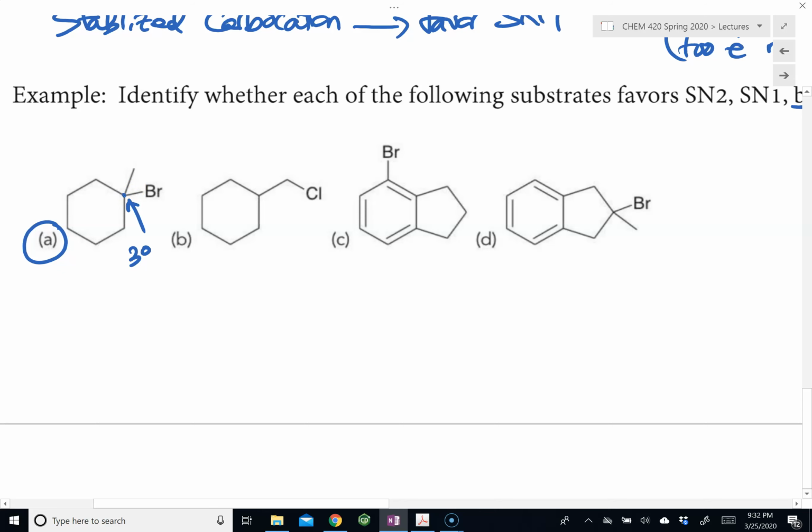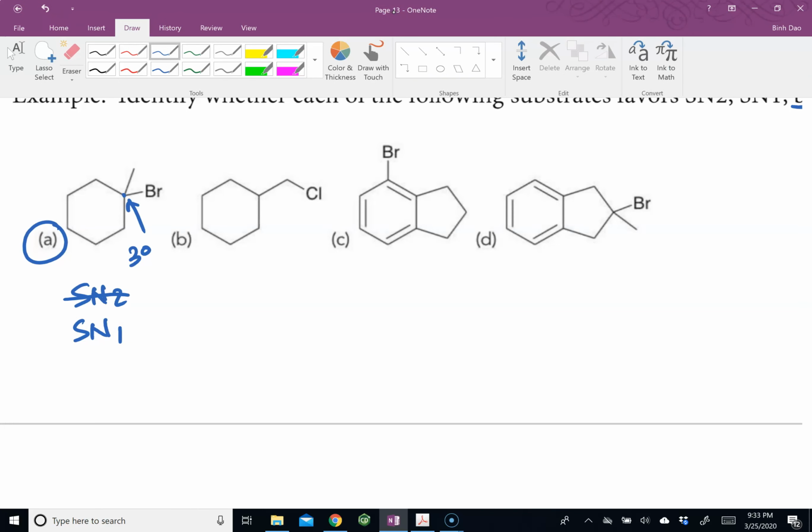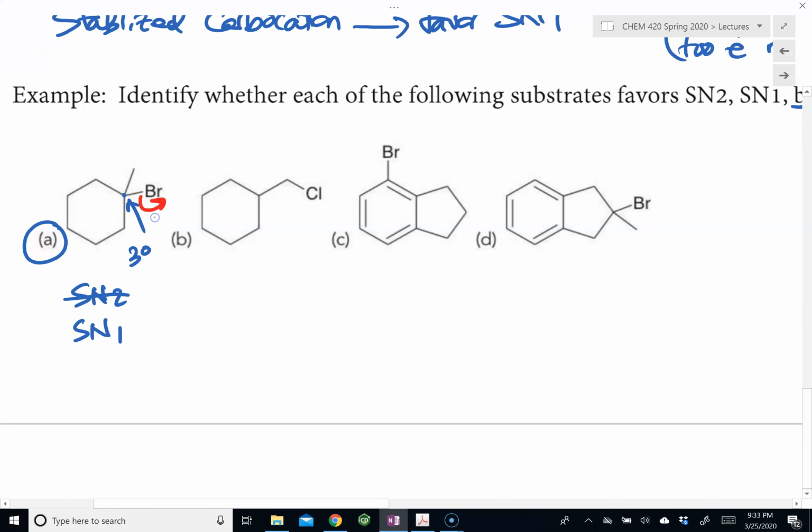Because this is highly substituted, it would be difficult for it to attack directly. Therefore, it will not undergo SN2, but it will undergo SN1. The reason is that if the leaving group were to break off, it will form a tertiary carbocation, which is stable, and that's why it favors the SN1 mechanism.